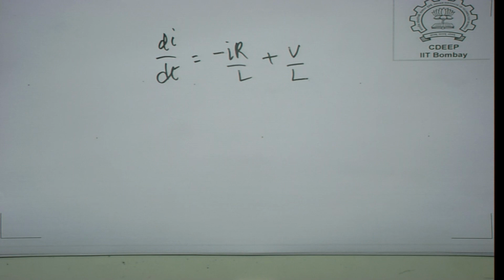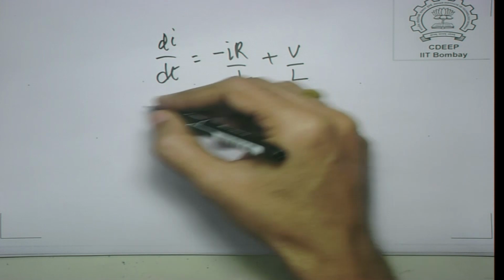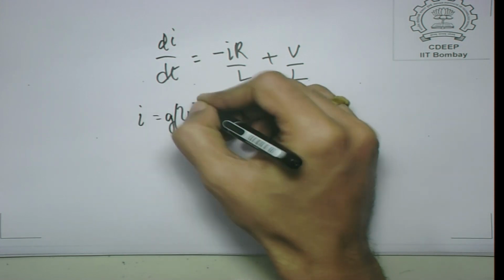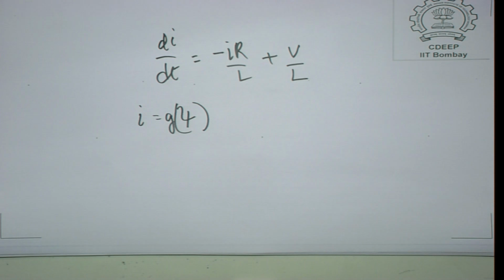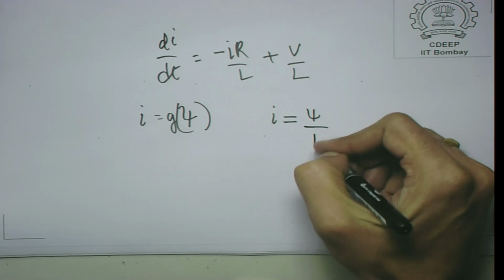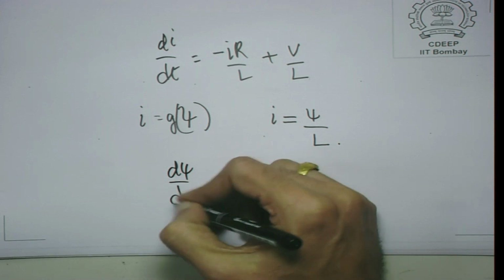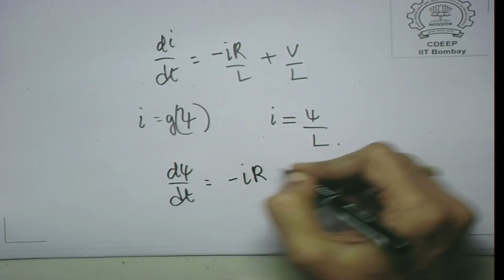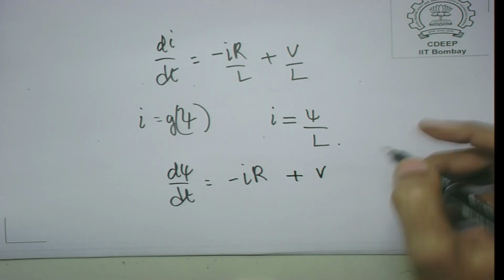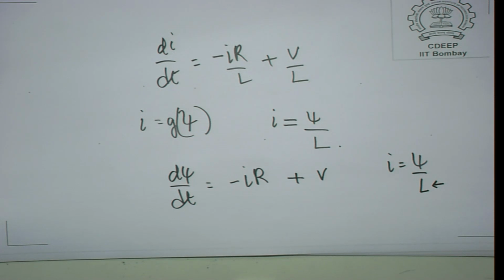Because now the flux linked is a nonlinear function of I, and I is not simply psi divided by L. In fact, these equations can be written as d psi by dt is equal to minus IR plus V, where I is equal to psi by L, but this L is not a constant; it depends on the value of the flux at a given point.